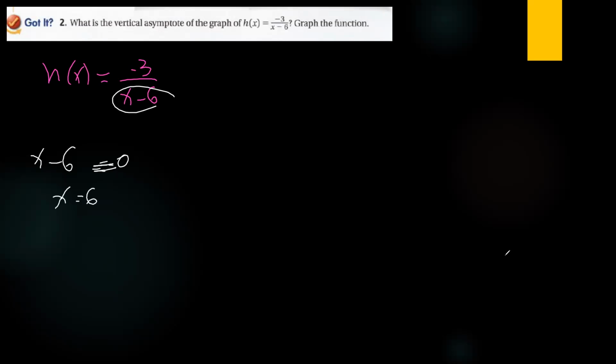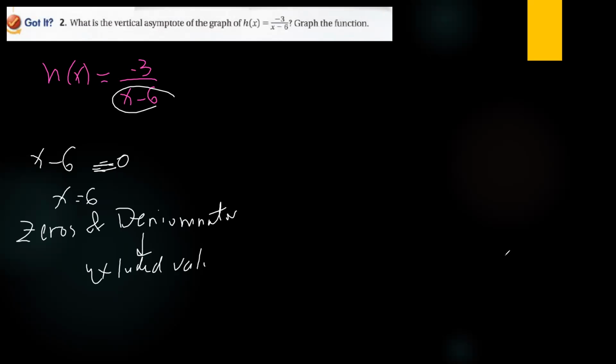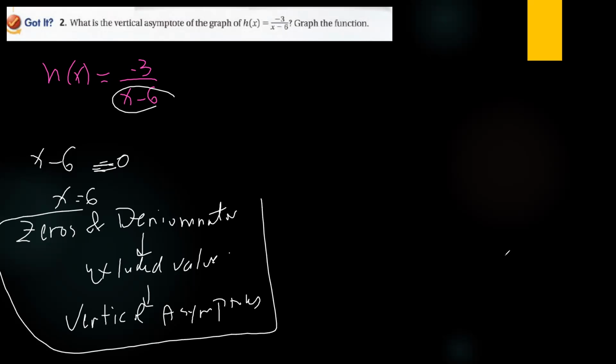The zeros of the denominator will be the excluded value, and the excluded value will be the vertical asymptote.